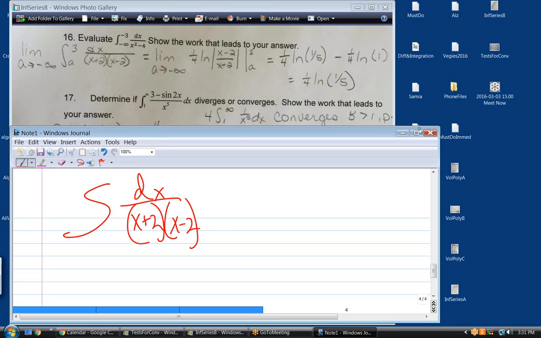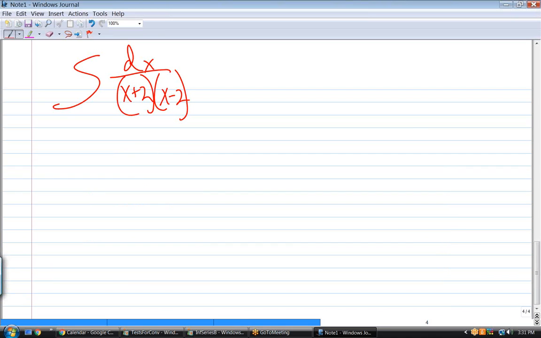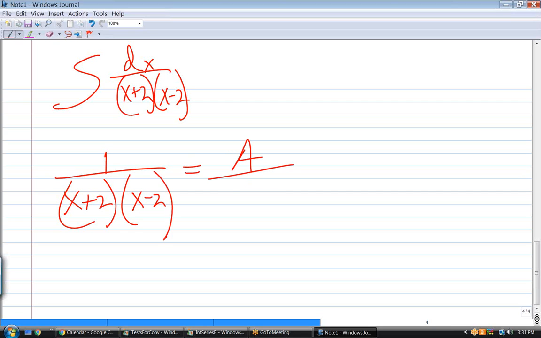If I'm trying to integrate this expression, and I can turn this part into two things being added or subtracted, it'll be a lot easier to integrate. Well, the method of partial fractions begins this way. Partial fractions basically is taking something that's been found a common denominator of and separating it into its two original fractions.